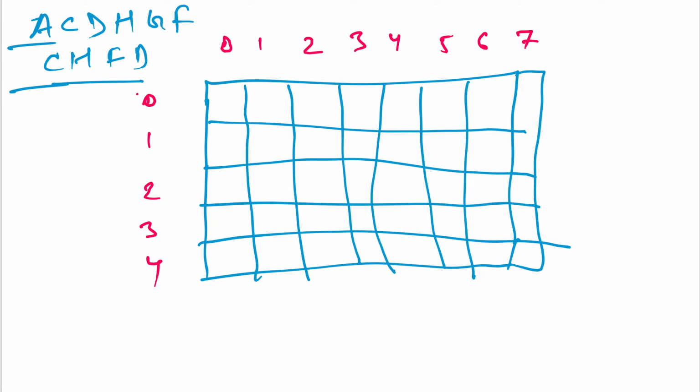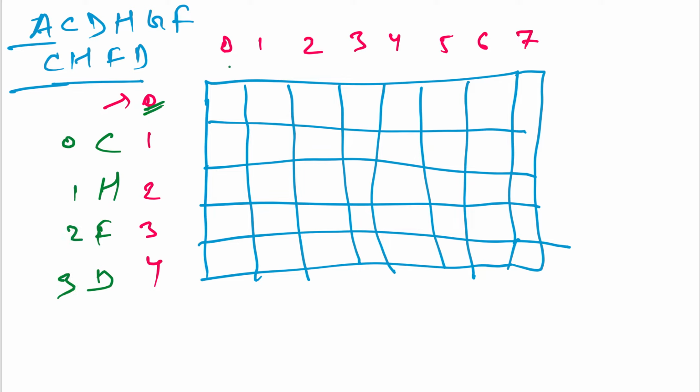Okay, but this represents the empty string, so this column matches with C, H, F, D, and this is the index of the matrix and this is the index of the string.